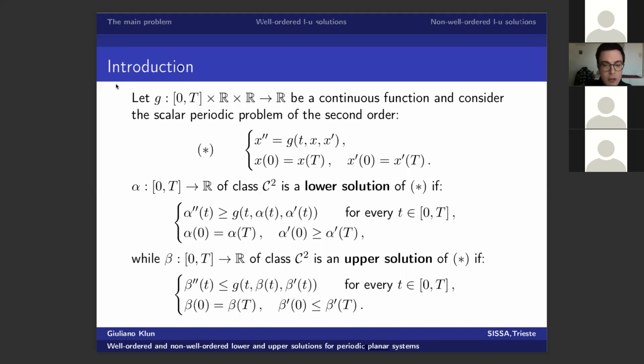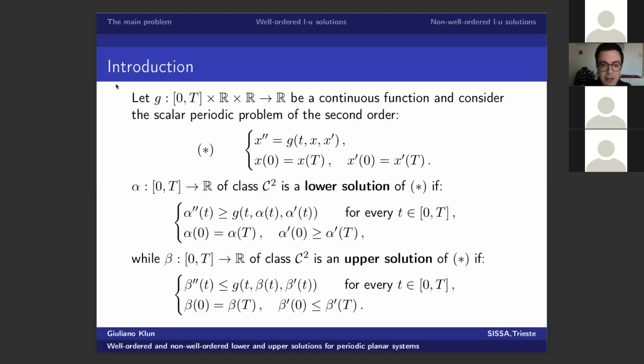Alpha from [0, T] to R of class C2 is a lower solution of the problem if this inequality holds for the second derivative of alpha with respect to g, and alpha has this property at the boundary of the interval [0, T], namely alpha(0) equals alpha(T), and alpha'(0) is greater than or equal to alpha'(T).